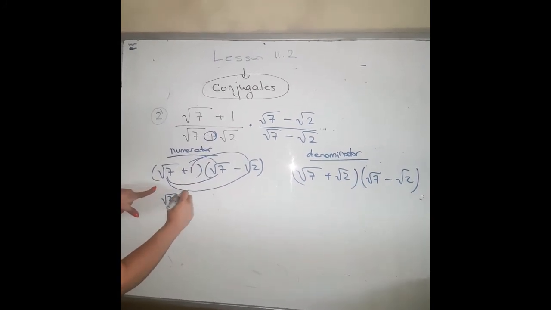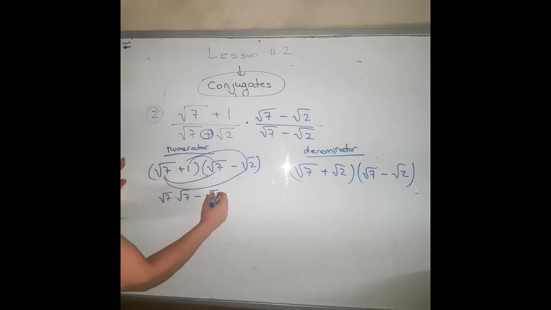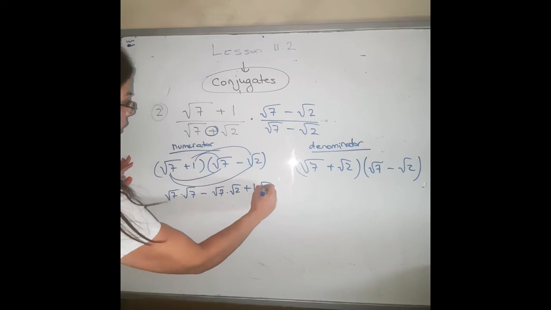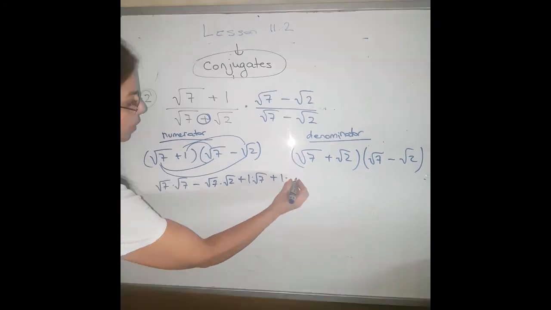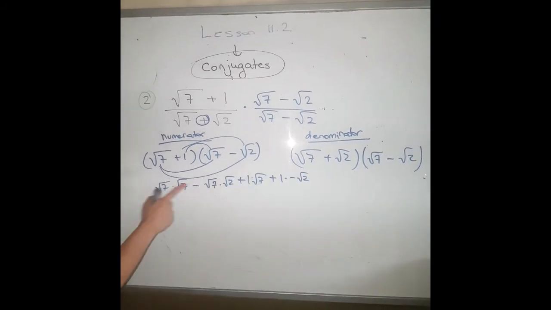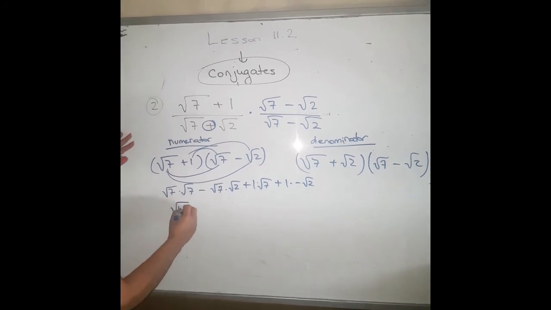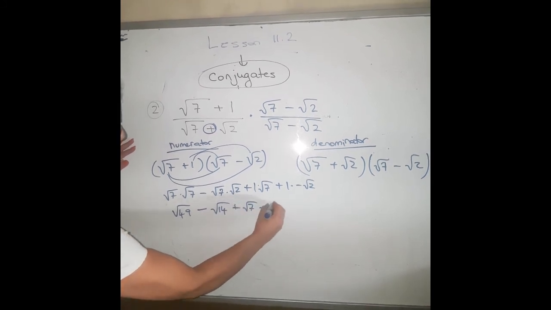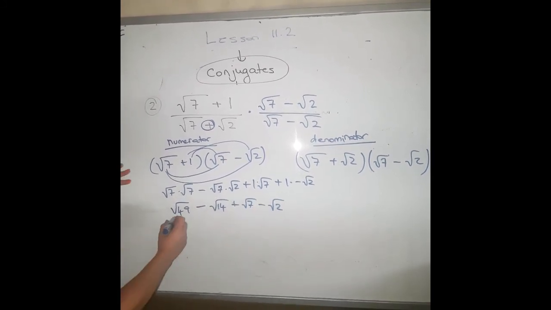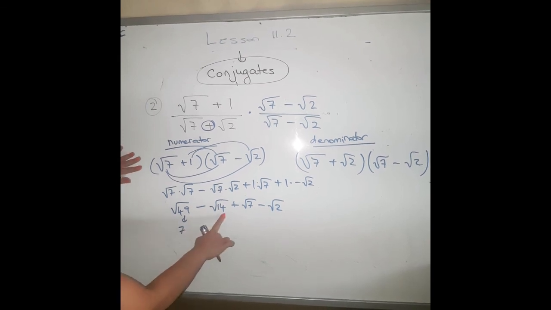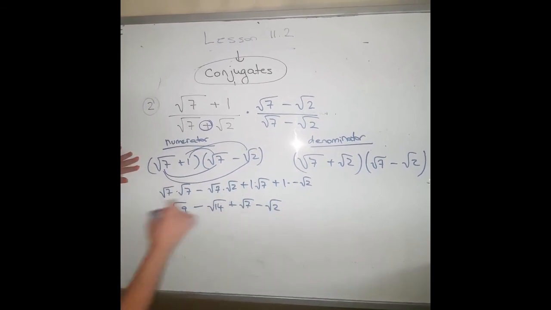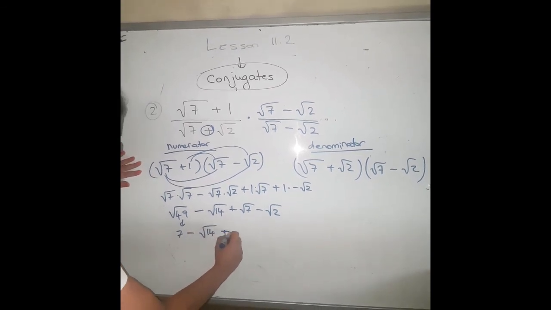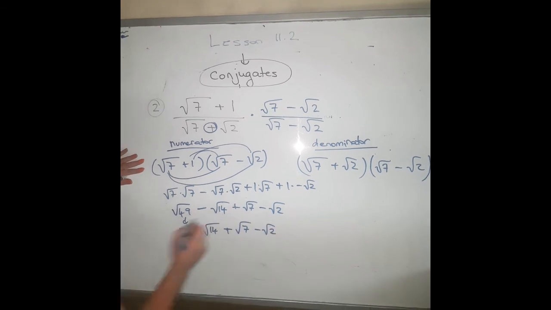Radical 7 times radical 7, then radical 7 times minus radical 2, plus 1 times radical 7, plus 1 times minus radical 2. So I get radical 49 minus radical 14 plus radical 7 minus radical 2. My like terms: radical 49 is 7. Radical 14 can't be simplified, radical 7 can't, radical 2 can't. So my answer is 7 minus radical 14 plus radical 7 minus radical 2.